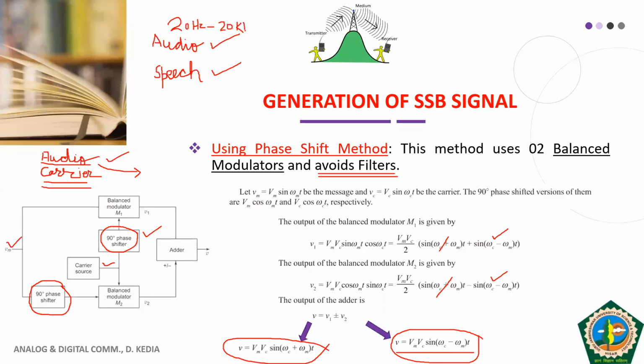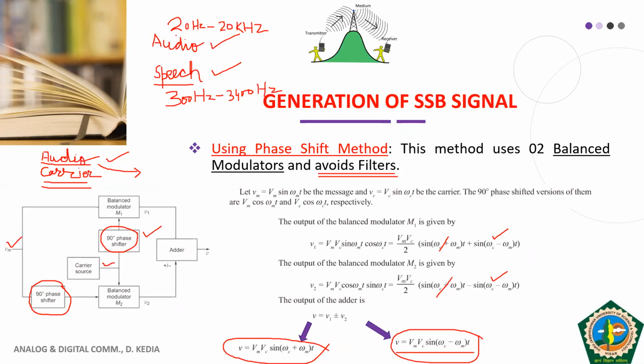So it consists of a range of frequencies. It does not consist of a single frequency. This is our audio signal. And your speech signal normally concentrates from 300 hertz to 3400 hertz, that means 3.4 kilohertz.